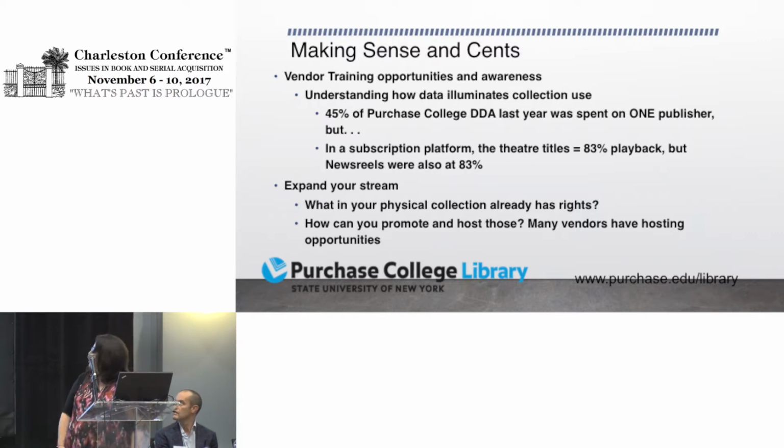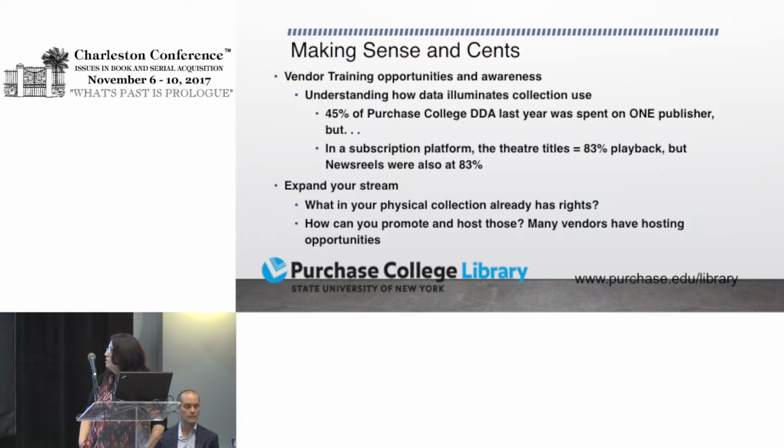But I know that you're here to talk about numbers, and to the extent to which I can talk about numbers, I use a lot of the vendor training opportunities and actually use opportunities like this to force myself to learn a little bit more. But I think there's a lot that we've already talked about, how understanding these numbers can illuminate how our collection is used.